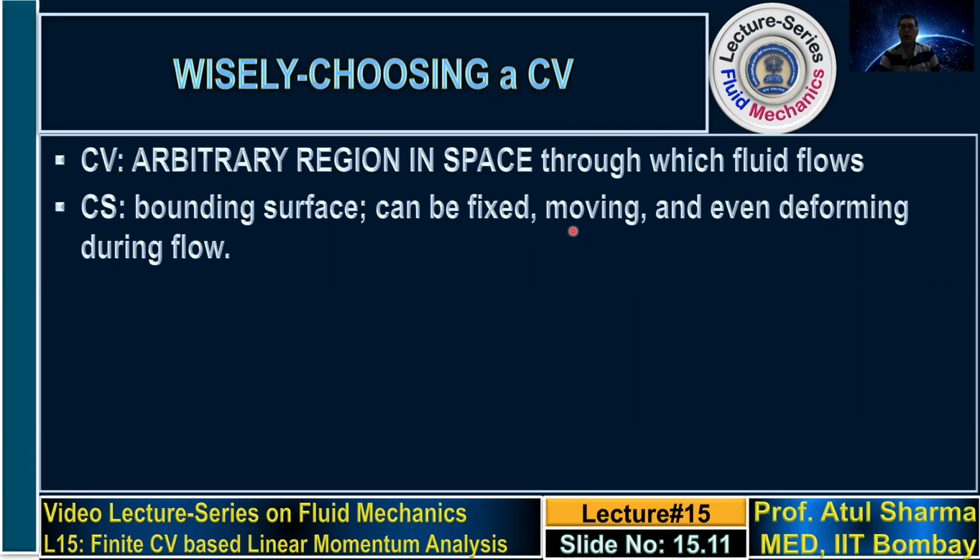But if the aeroplane is accelerating, then you have a non-inertial frame of reference. If you take a control volume across the aeroplane, the control volume will be an accelerating control volume. There are equations corresponding to those also, but that is outside the scope of this lecture series.